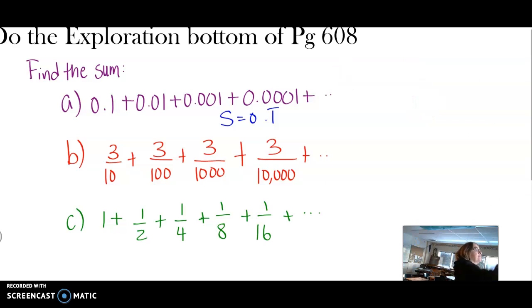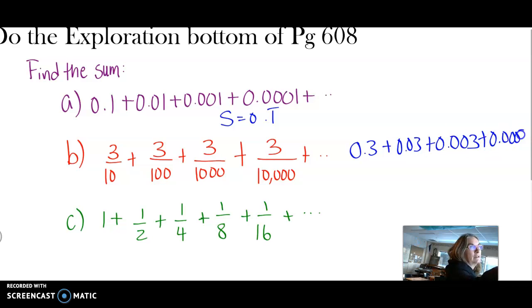This is really the same thing as the series above, except instead of 0.1, 3/10 is the same thing as 0.3, and then 3/100 is 0.03, and we have an extra 0 in there each time. This is going to converge, and if you line up all your decimals and start adding, it's going to be 0.3, 0.33333, and it's going to end up being 0.3 repeating as you add the entire sum from the first term to the infinite term.